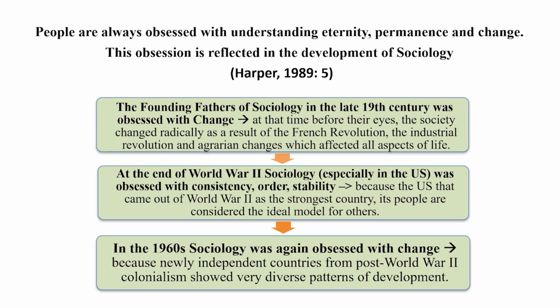So people looked for stability, for examples and understanding of stability. And so too the sociologists. So stability and order became the main interest of sociology after World War II.